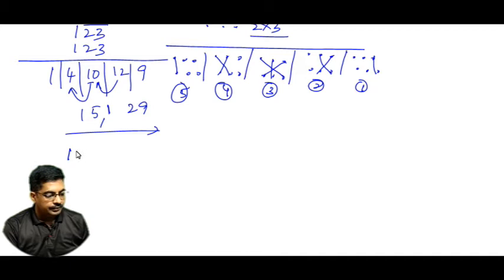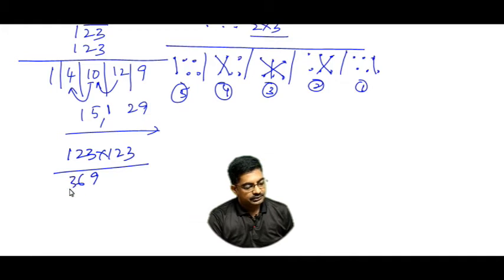Now write down 123 into 123, multiply it. 3 3 is 9, 3 2 is 6, 3 1 is 3, 2 3 is 6, 2 2 is 4, 2 1 is 2, then 1 3 is 1, 1 2 is 2, 1 1 is 1.